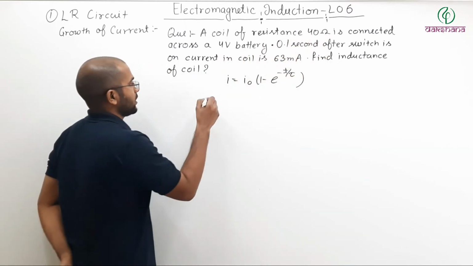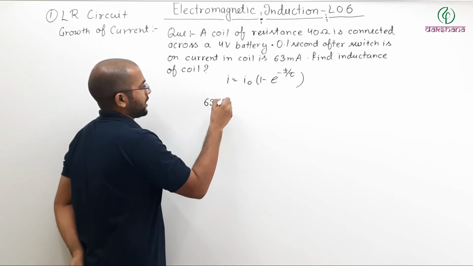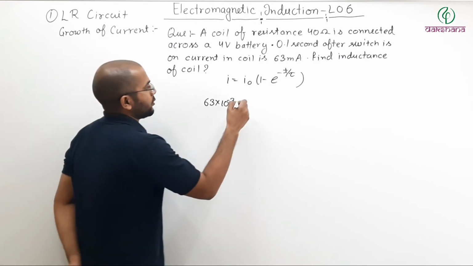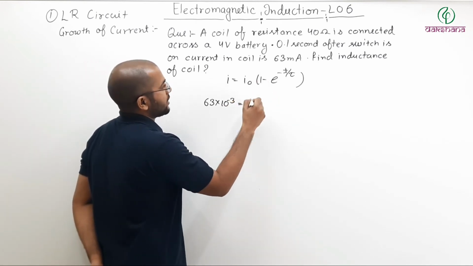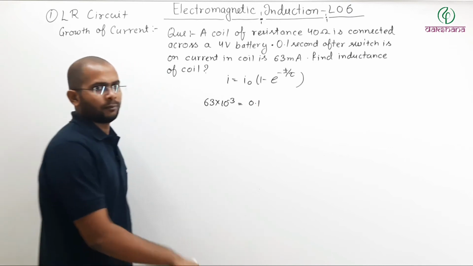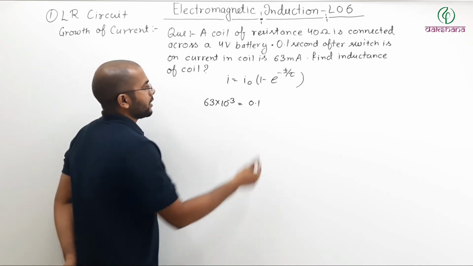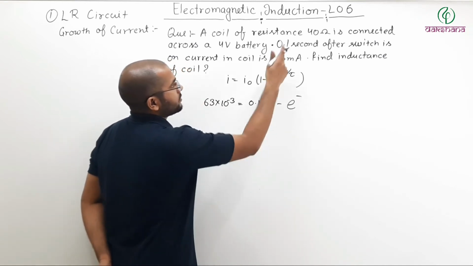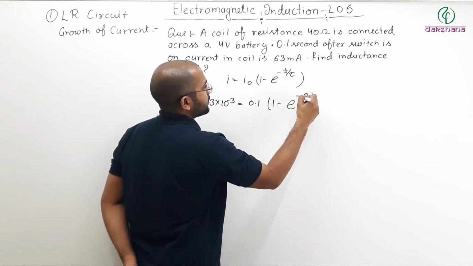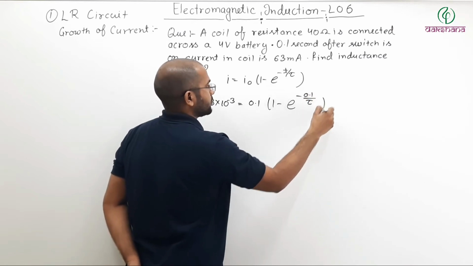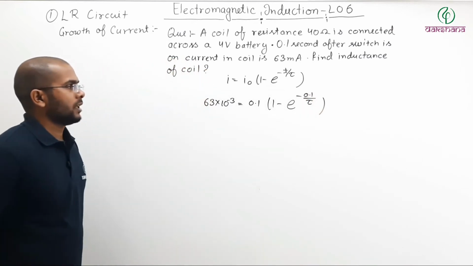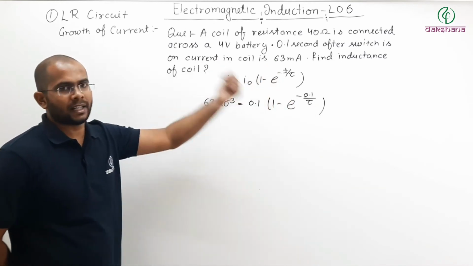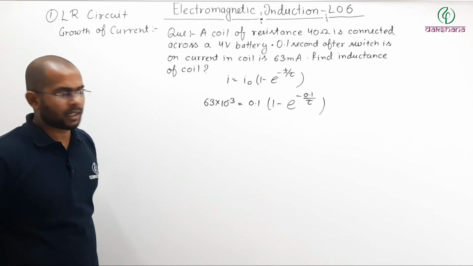So let us write 63 into 10 to the power minus 3 equals 4 by 40, that is 0.1, times 1 minus e to the power minus 0.1 second divided by tau. Now, if I can find the value of tau, I can find the value of inductance because R is already known. Tau is nothing but L by R.